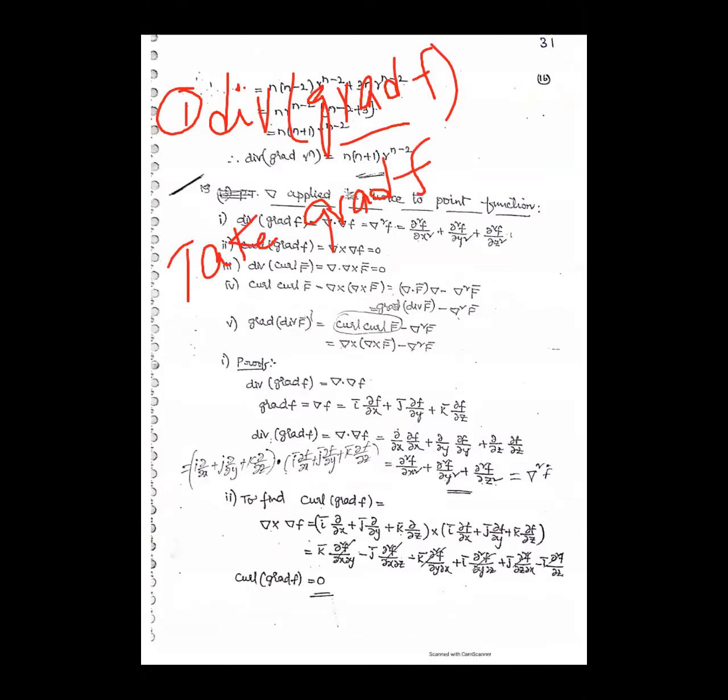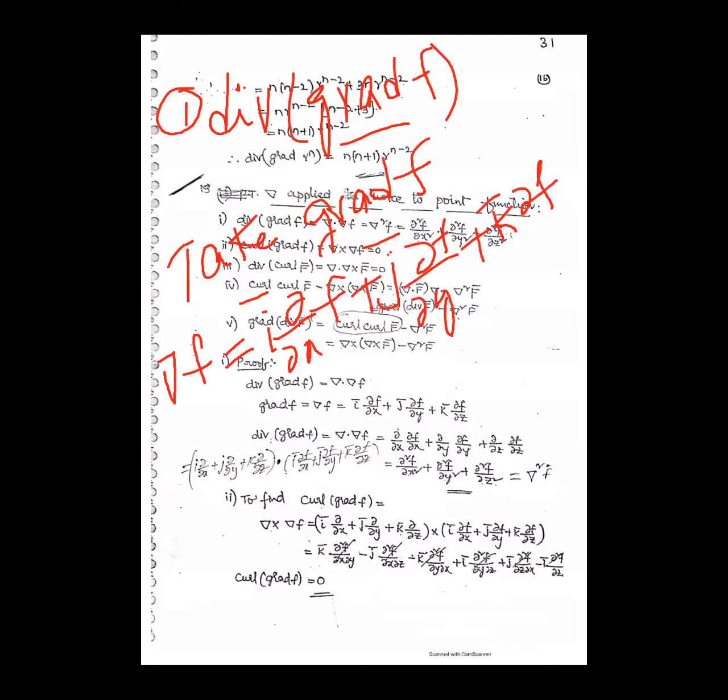Grad f is symbolically written as del f. So what is the formula of del f? The formula of del is i dou by dou x, multiplying with f, so i dou f by dou x, plus j dou by dou y with f, so dou f by dou y, plus k into dou f by dou z.